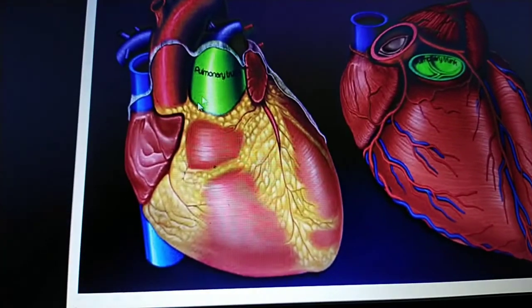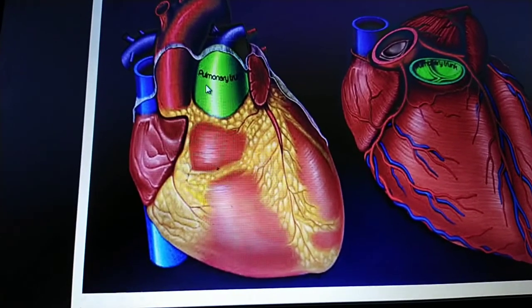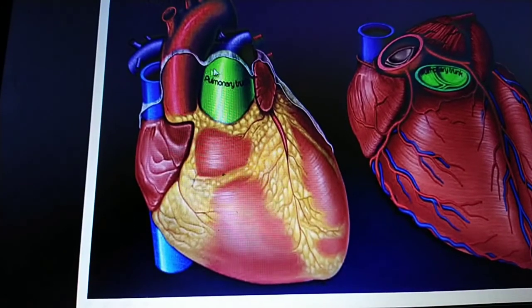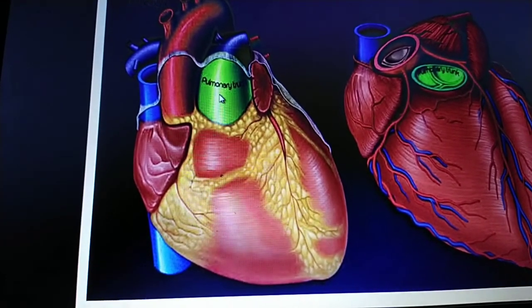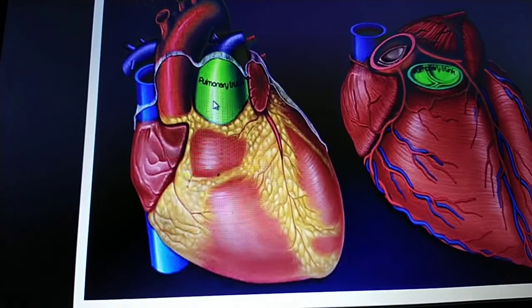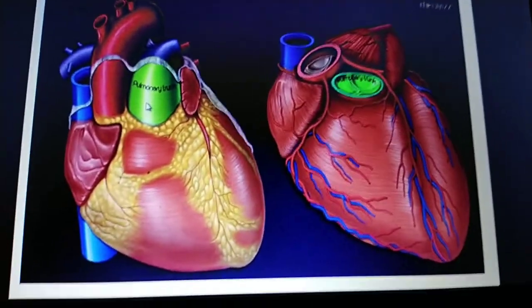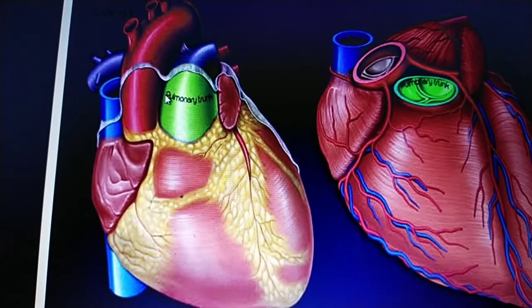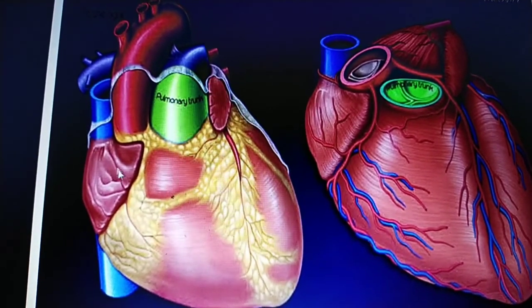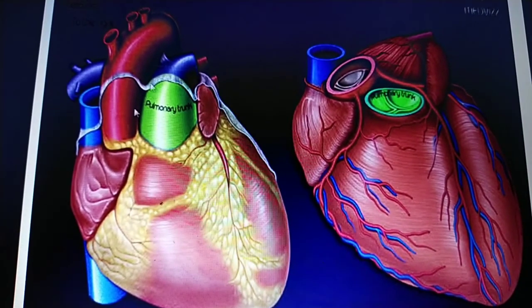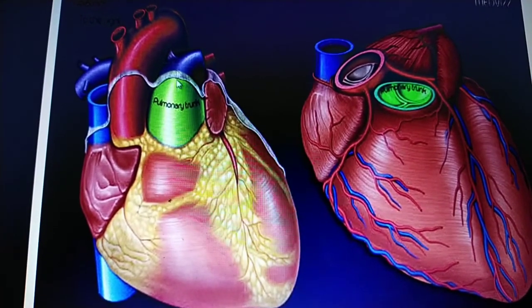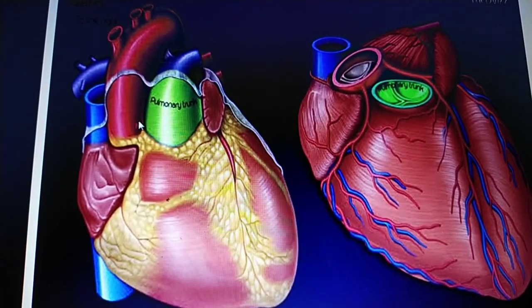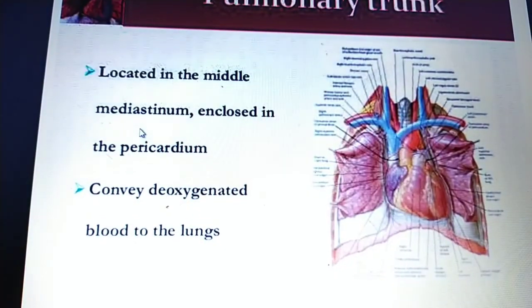You can see here the pulmonary trunk, it is present just medial to the right atrium and anterior to the right atrium. The pulmonary trunk is completely enclosed by the parietal pericardium, and its length is 5 centimeters and width is 3 centimeters.